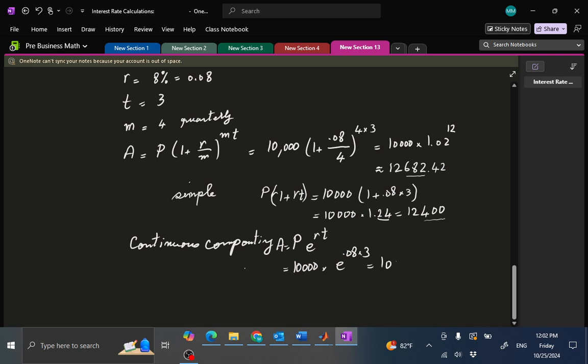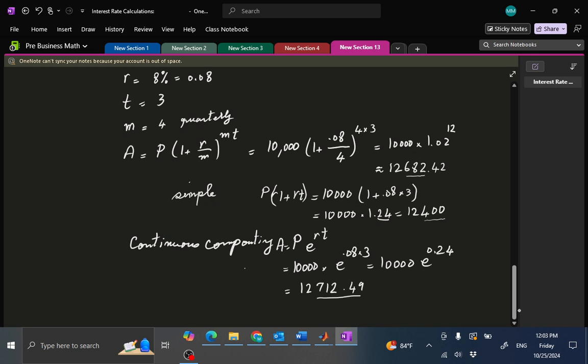So 10,000 times e to the power of 0.24. What is that? We have to use our calculator. My calculator shows $12,712 and 49 cents.